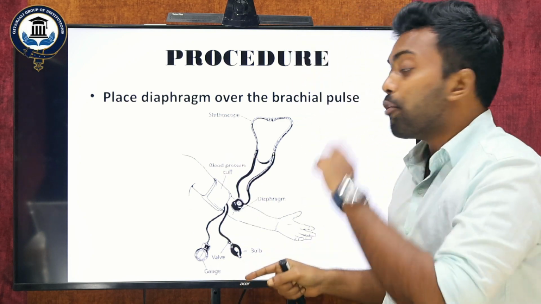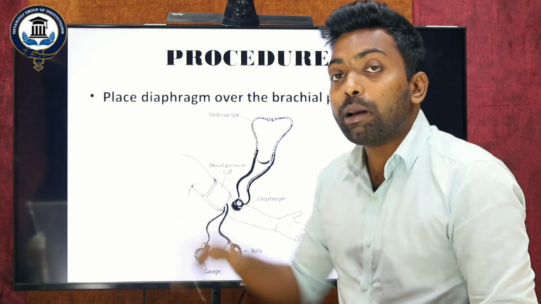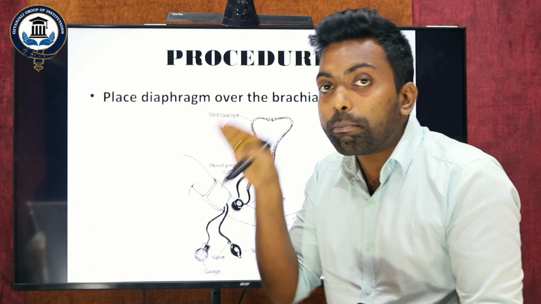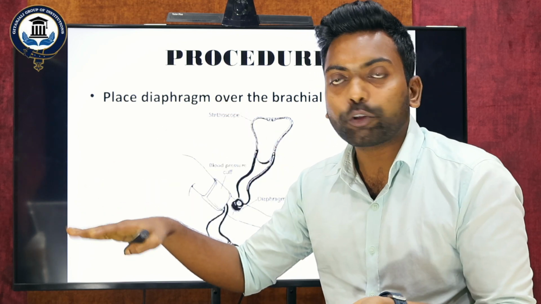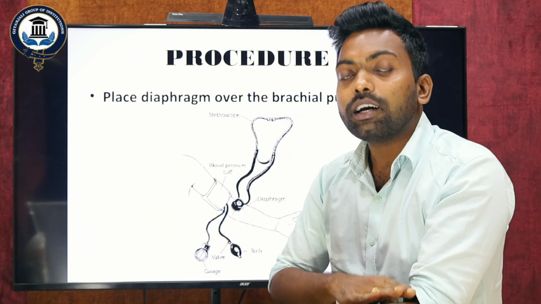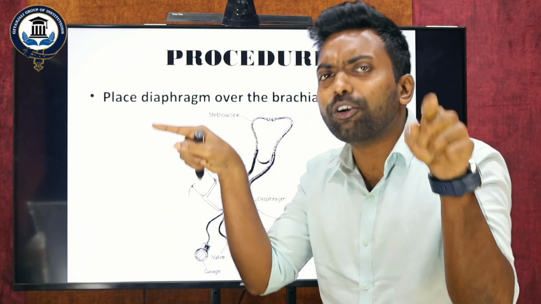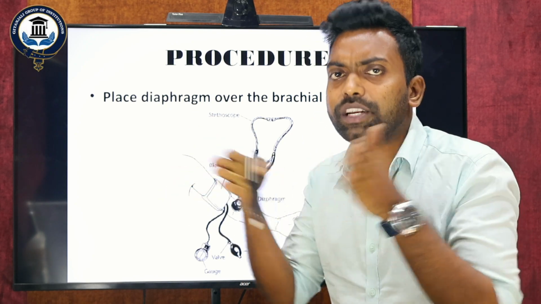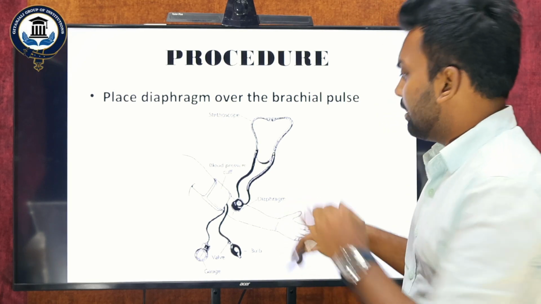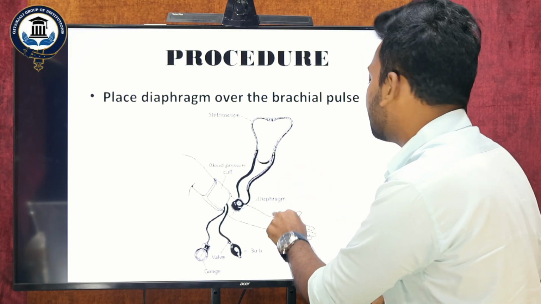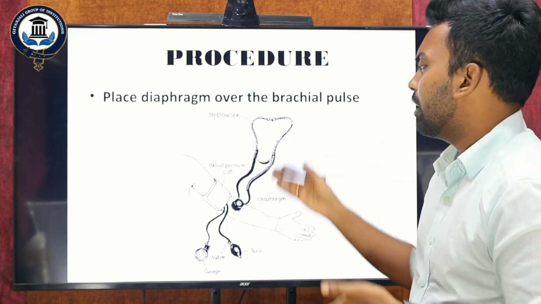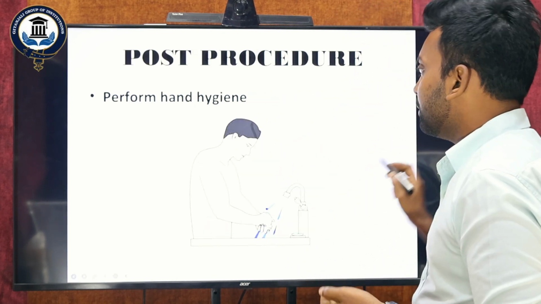When you check by the manual method, feel the pulsation on the radial pulse. The radial pulse is for the manual method, and you will get accurate data. And using the stethoscope, place it on the brachial artery. So depending on the sites of the arteries, we differentiate between the two. This is how you feel it. The same thing you felt using the manual method, you will get the same kind of sound using the auscultation method.